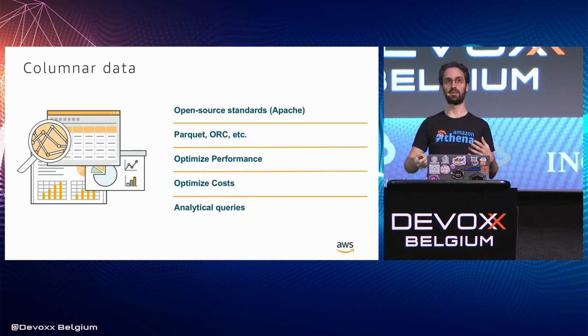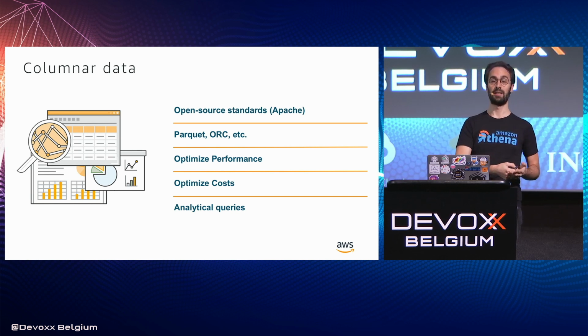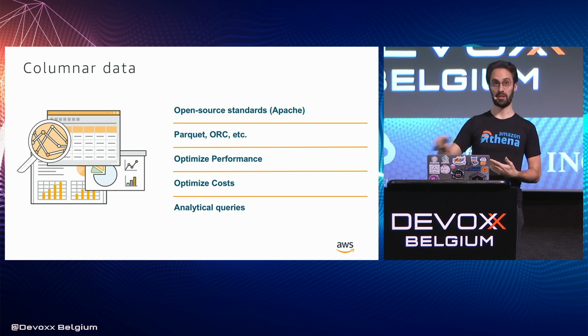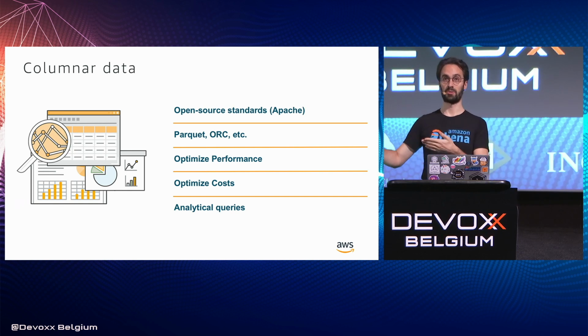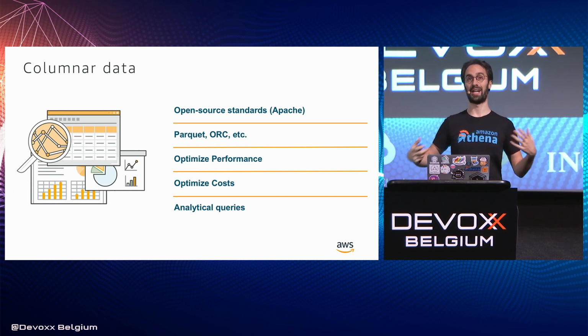So the traditional database that you have in production for your service, for your product, is optimized maybe to query a specific user or to query a specific product, to do joins and to serve one specific user at a time. So those queries are record-based. You probably want to retrieve one or a set of records. While analytical queries, most of the time, work on aggregates and big chunks of records.